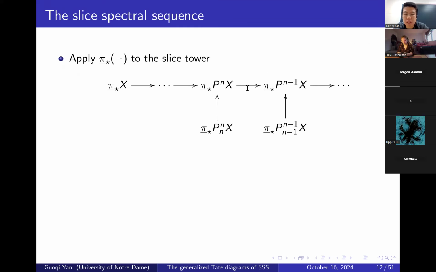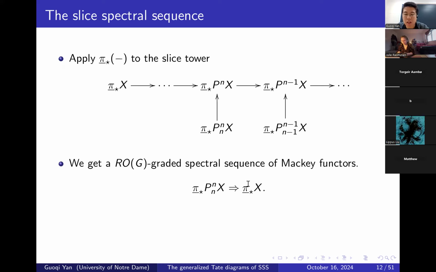Now that we have the slice tower, we can apply the Mackey functor valued homotopy group to that. I use pi underline to denote the Mackey functor and the five-pointed star to denote RO(G) grading. So I apply pi underline star to the slice tower. This is the RO(G)-graded slice spectral sequence we study.